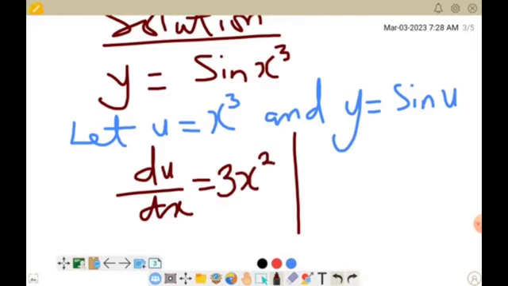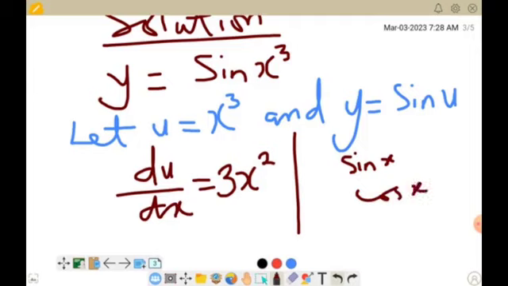Then we move on to the one on the right hand side, which is y equals sine u. And don't forget that when you differentiate sine x, okay, you're going to have cos x.